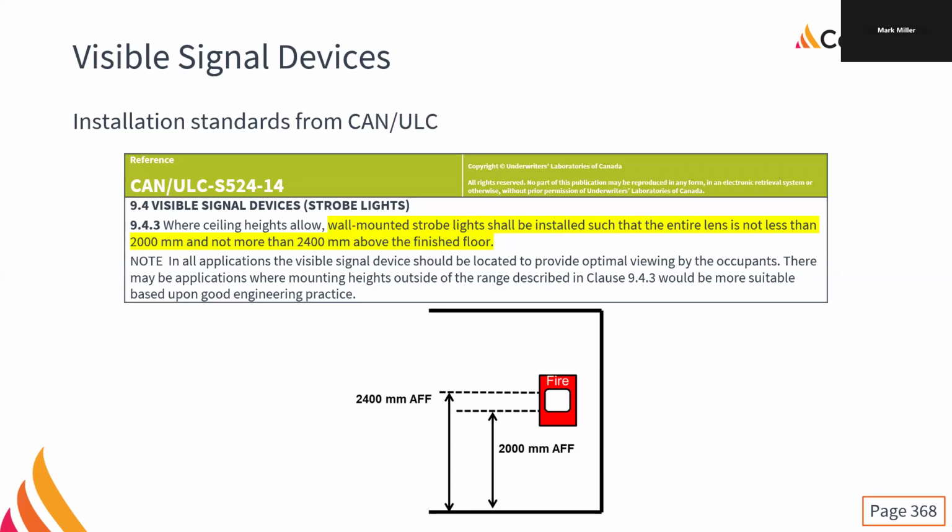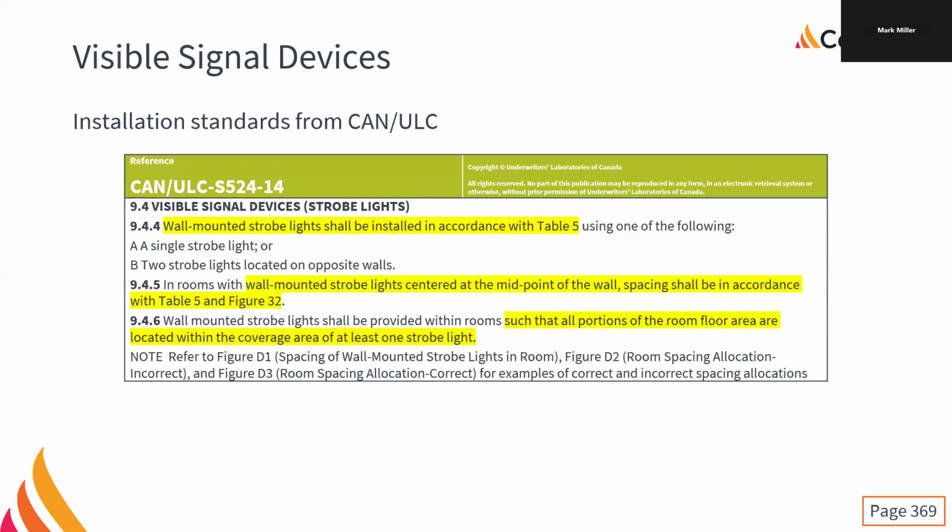If you recall, 2,300 was our minimum mounting height for audible devices. So if we mount them at 2,300, and it's a combination device, we're good. We meet all the requirements. That is, of course, for wall-mounted.